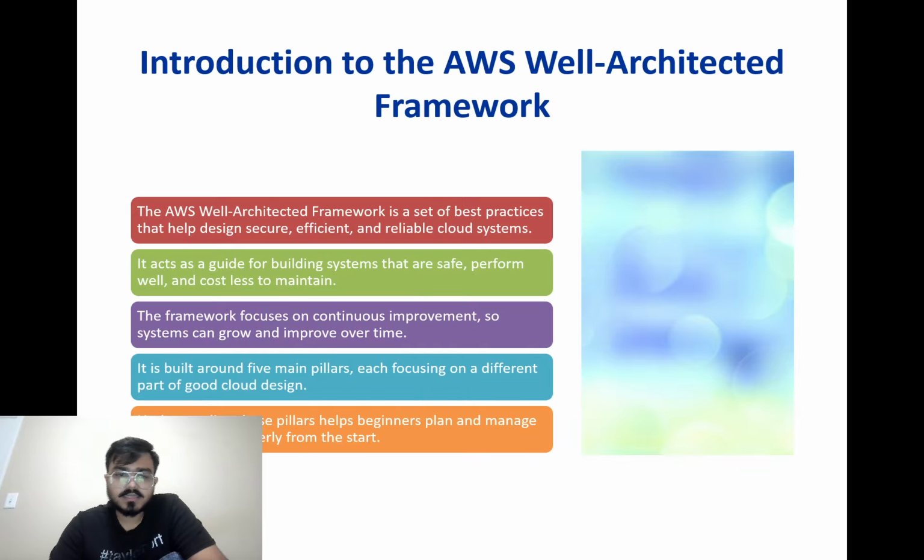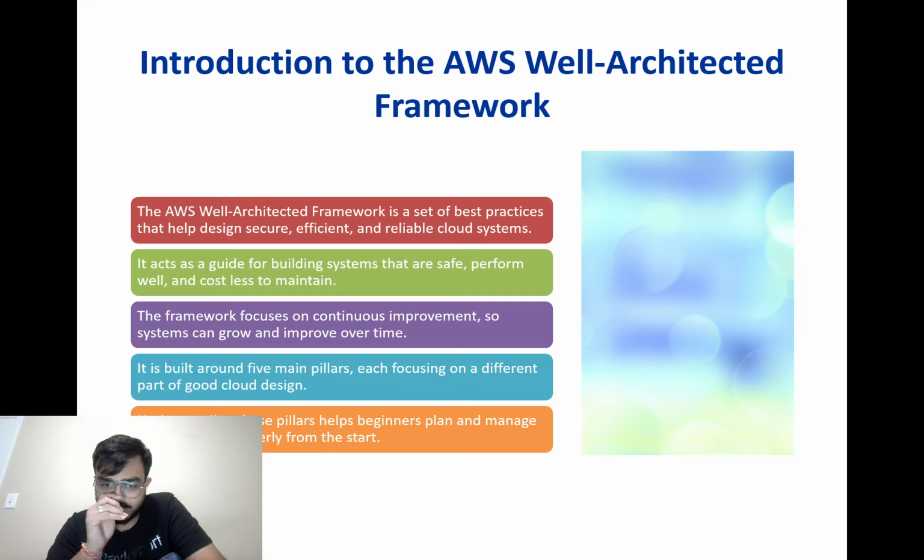So let's start. The AWS Well-Architected Framework is like a guidebook that helps us build good cloud systems. It is a set of best practices for making our systems secure, reliable, and efficient. Instead of guessing how to design something, AWS gives us clear principles to follow.